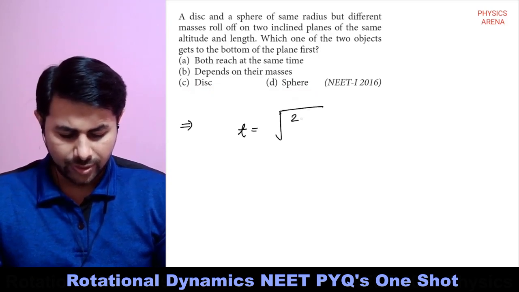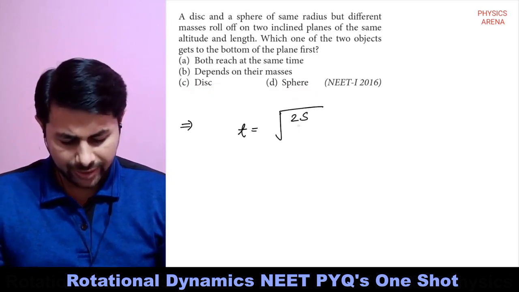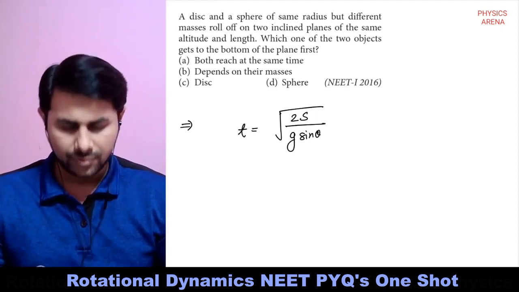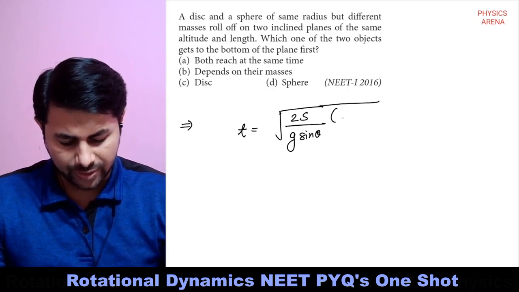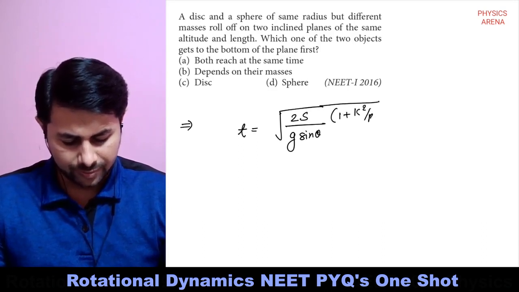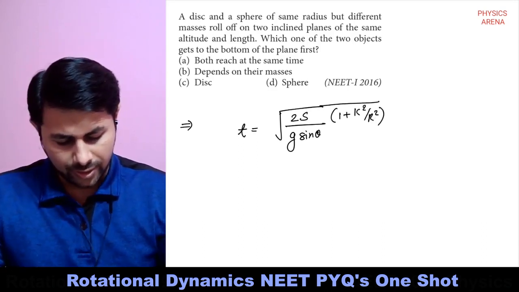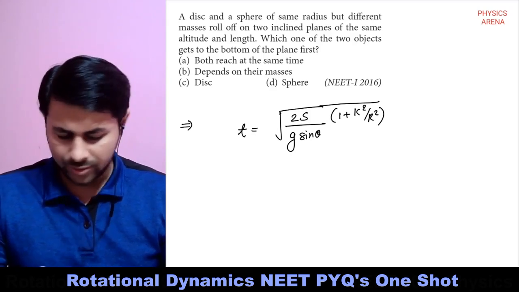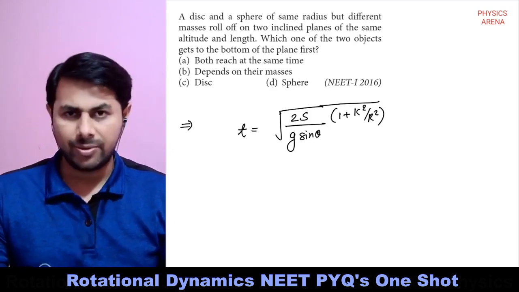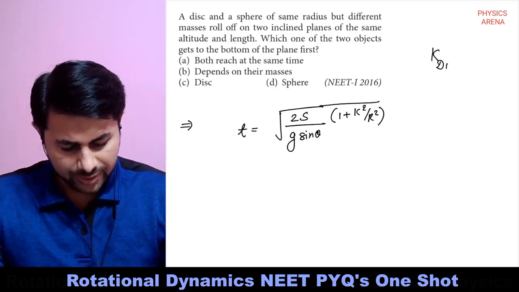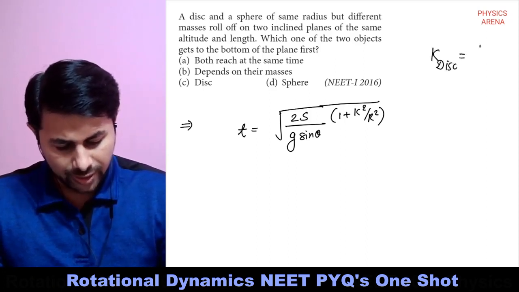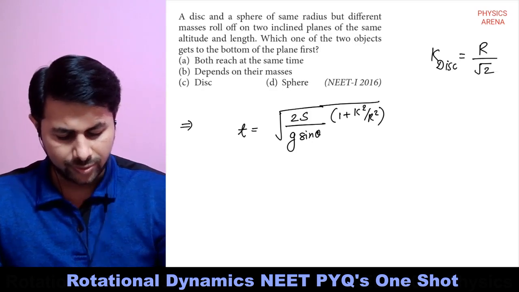Square root of 2 times s divided by acceleration, which is g sine theta divided by 1 plus k square by r square. So that goes to numerator. Okay. So if k is more, t will be more. Okay. So k for disk is what? r divided by root 2.